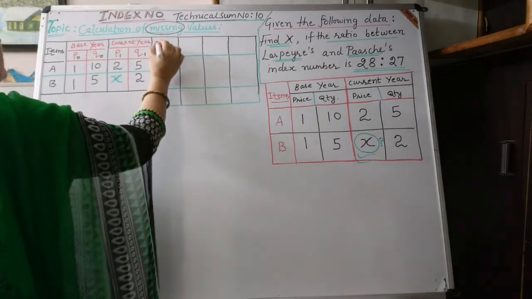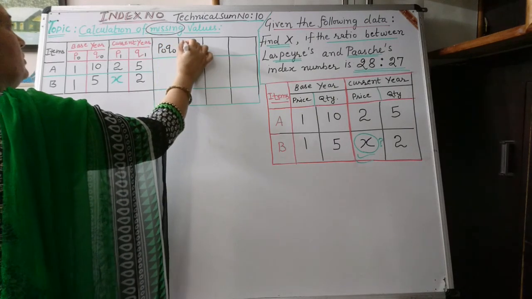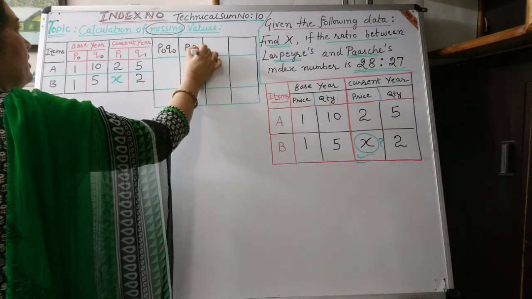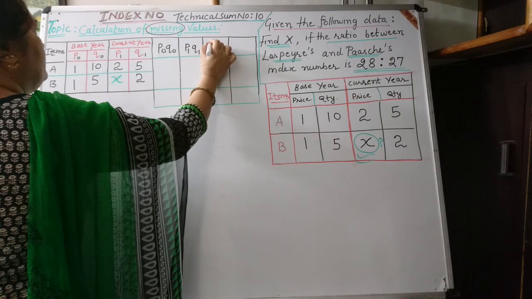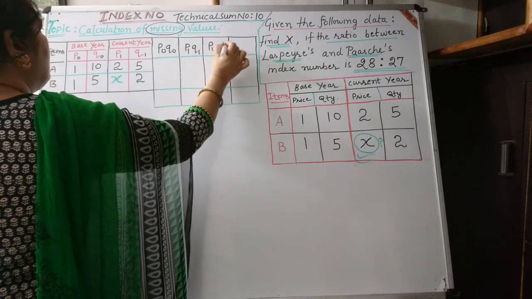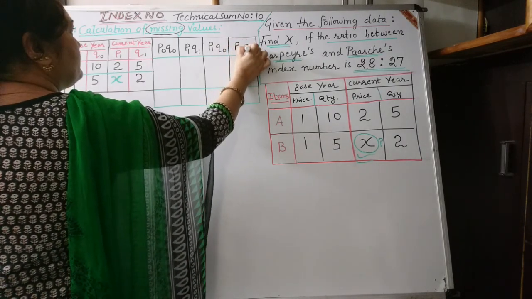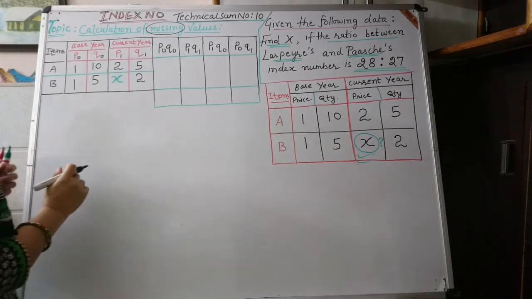Let us do the further calculations. Number 1 P0 Q0, number 2 P1 Q1, number 3 P1 Q0, number 4 P0 Q1. So these are the four calculations.